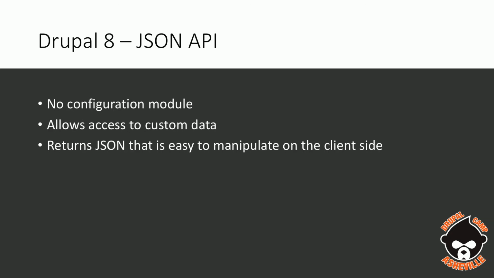So, I'm kind of going through the things that were in that defined requirements. JSON API, which is a module for Drupal 8 that's spectacular. And well maintained, and has documentation. Those are the three things. Check. No configuration. You install the module, you have access to the endpoint.